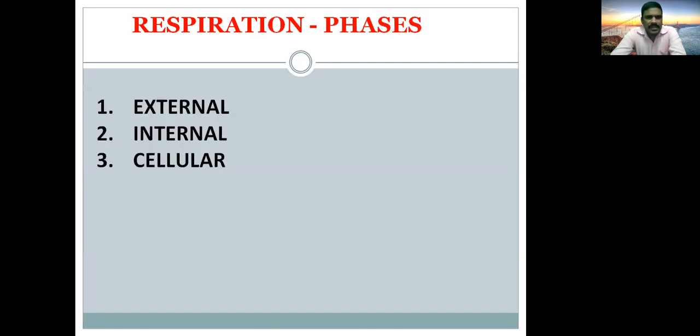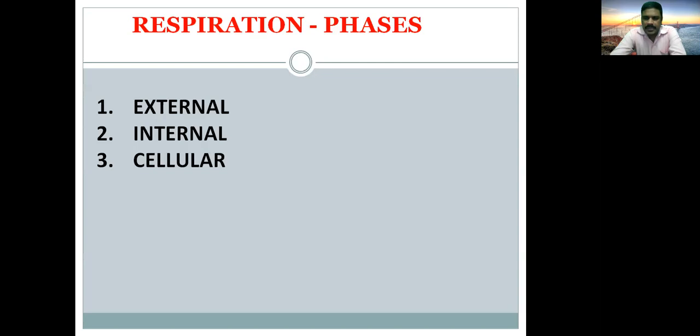Coming to the phases in respiration, we have already seen what respiration is: liberation of energy from the food materials by the oxidation process. This occurs only in living organisms.